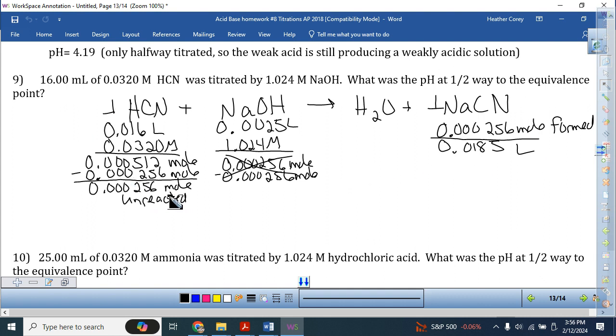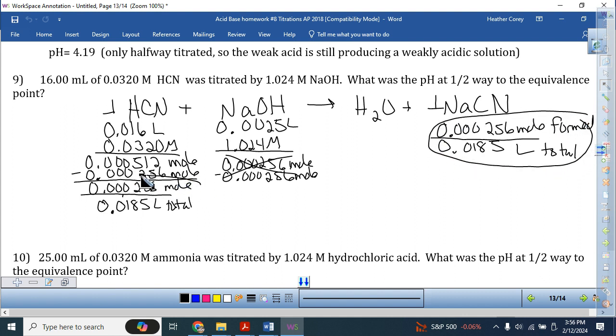Because they're in the same solution together, that means I have 0.000256 moles of HCN in a total volume of 0.0185 liters. Okay, so this is formed and this is left over in excess. It's remaining. Notice these are the same number. So we're going to have the same concentration of our conjugate base formed.